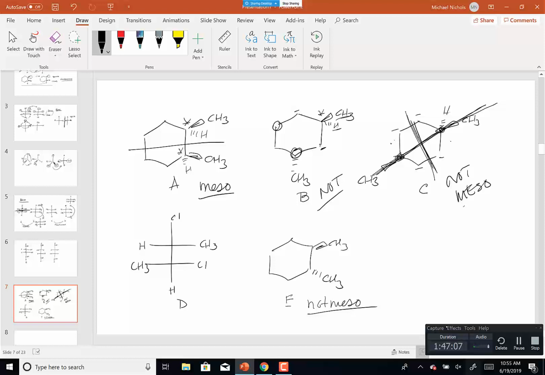Because the mirror plane's got to go through the center of the molecule. So what about the top three groups and the bottom three groups? Has to be true if it's going to be meso. Same three groups attached to the top carbon that are attached to the bottom carbon.